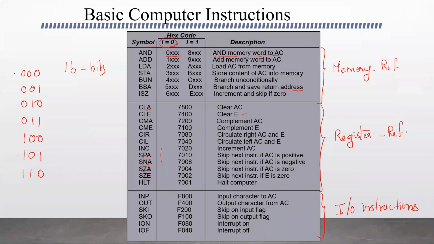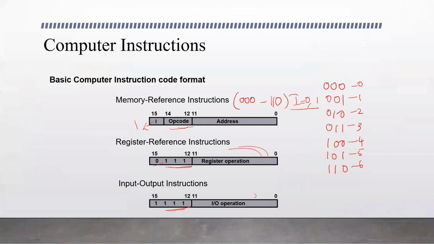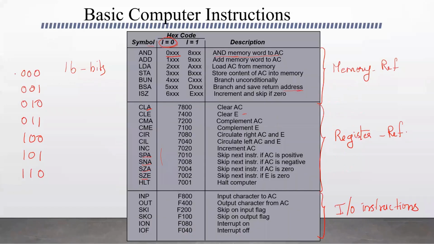The 4th bit, that is the 15th bit in our instruction code, correct? When this particular bit is 0, what will be this opcode? 0. We add a 0 here because we assume that I is 0.